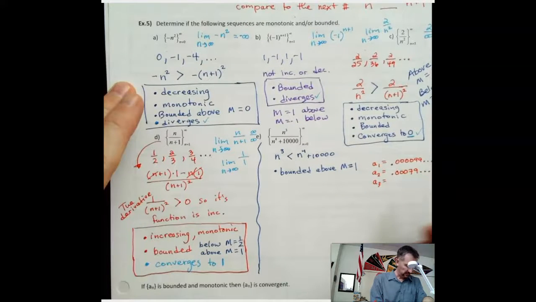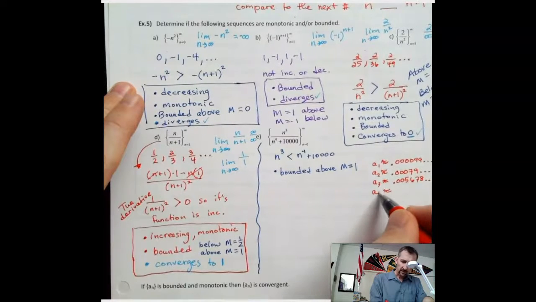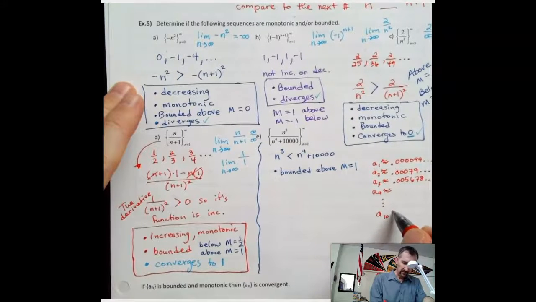A sub 3 is going to be 2 zeros and a 5. These are ones I prepared earlier. So I guess I should put approximately there. Dot, dot, dot. Okay, so if we go down to a sub 10, that's going to be 0.05.